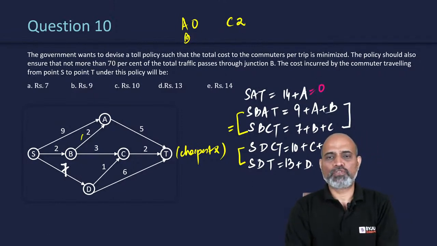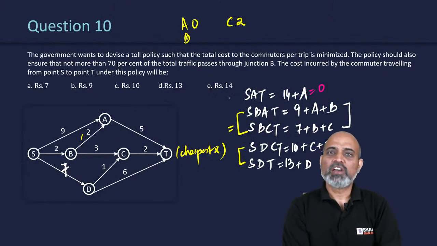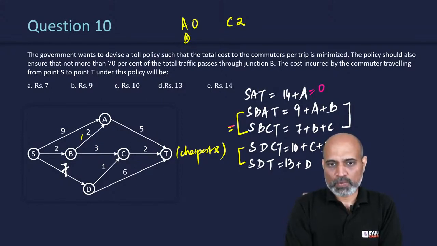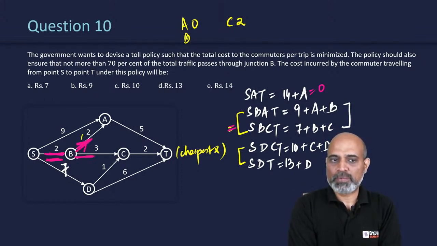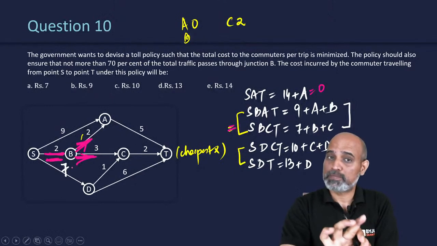Why? Because 14 से तो कम ही रखेंगे हम total. 14 is there in the option, I know, but we can have even less than 14, right? So 14 से कम करेंगे. And if I make them equal, what will happen? The traffic will go through B, one will diverge from here and one will continue. If they are equal and the cheapest, so that looks like 100% of the traffic is passing through B.